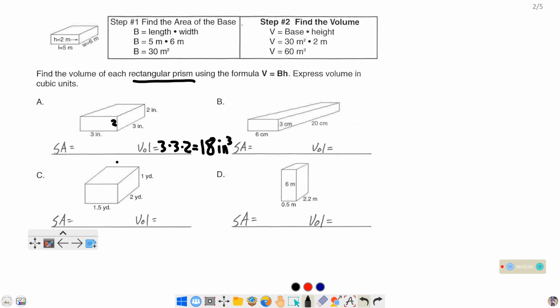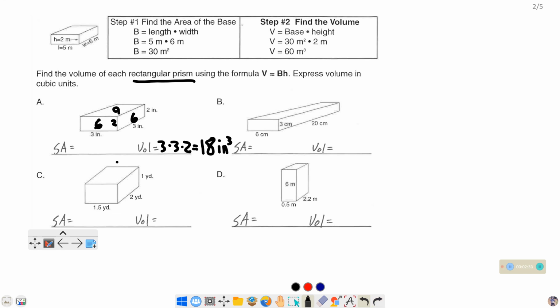So on the front face, 3 times 2 is 6. On the right side, I can see 3 times 2 is also 6. On the top, I have the number 3 and the number 3. That means my top has an area of 3 times 3, which is 9.